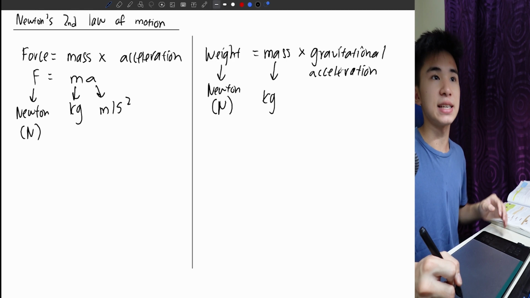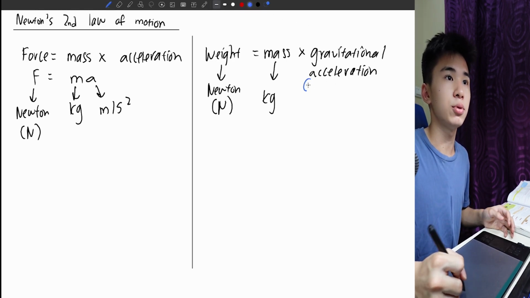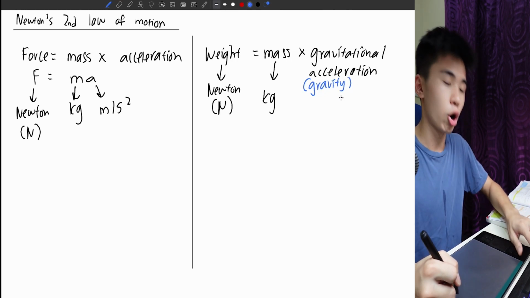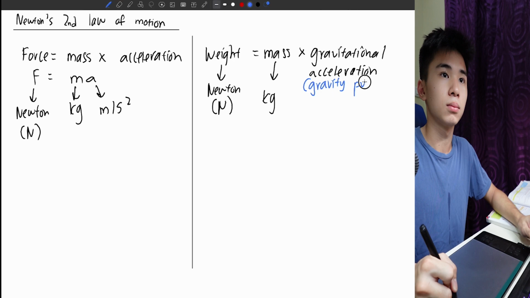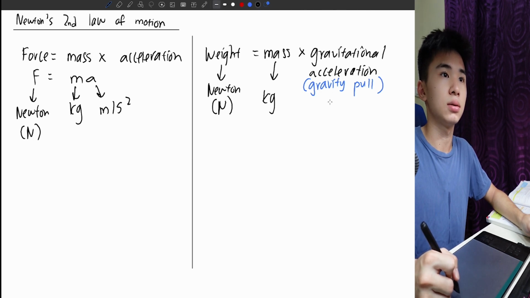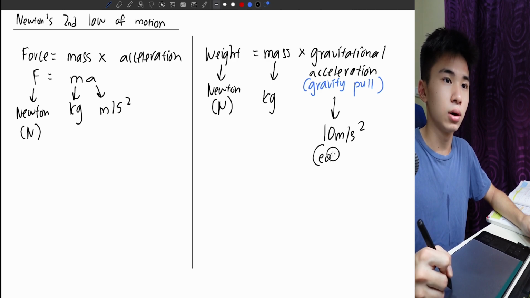The gravitational acceleration, which is the gravity pull on our Earth, is going to be 10 m/s².